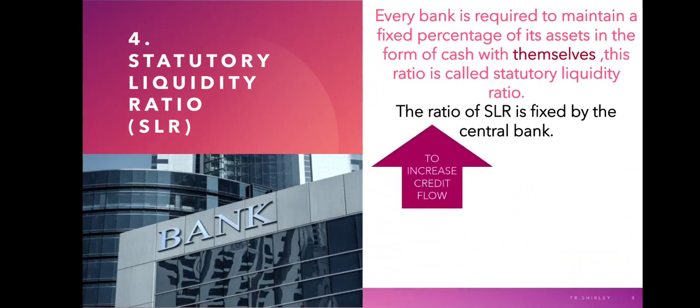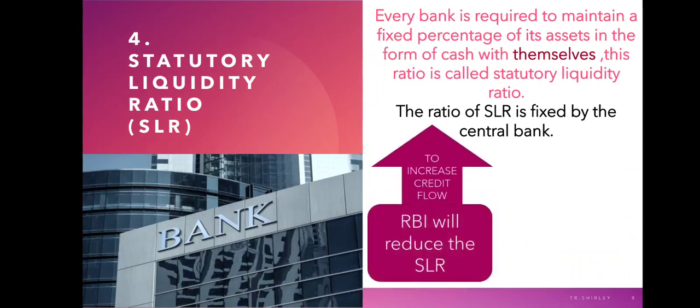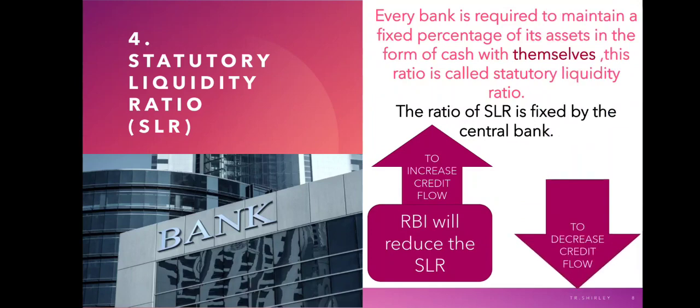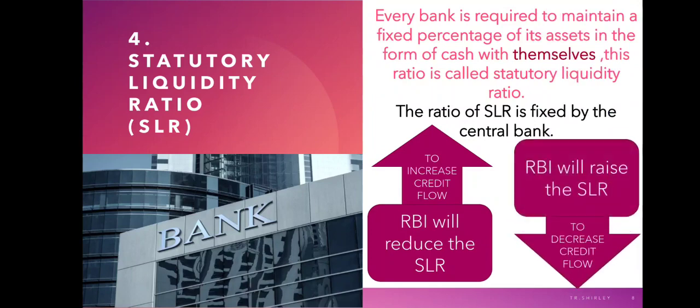So to increase the flow of credit, the RBI will reduce the SLR. So if the banks reduce the amount of cash that they hold with themselves, that means more cash will be in circulation among the people. And to decrease the flow of credit, the RBI will raise the SLR. Because if they raise the SLR, then the flow of credit will be less.